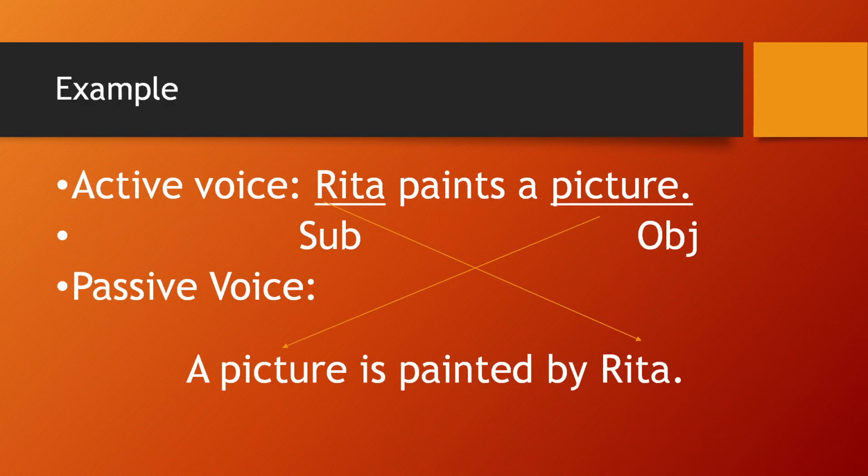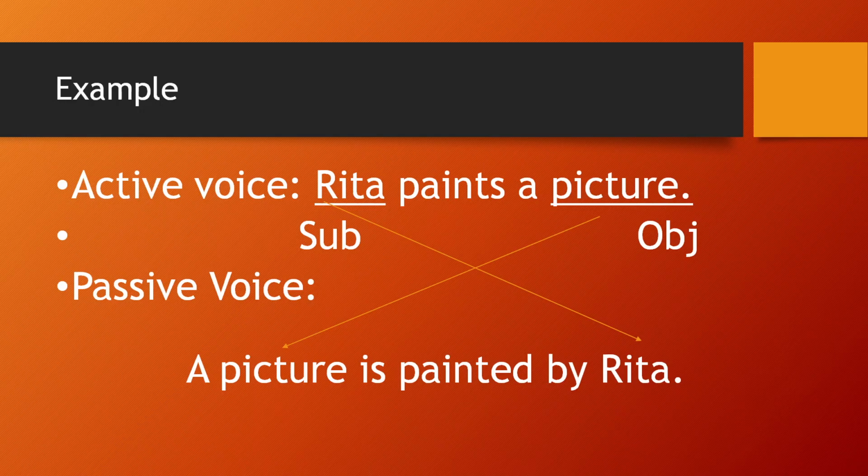Now here we can see Rita paints a picture. Here Rita is the subject and picture is the object. Now when we change this active voice to passive voice, we just need to do the interchanging of the position of subject and object.